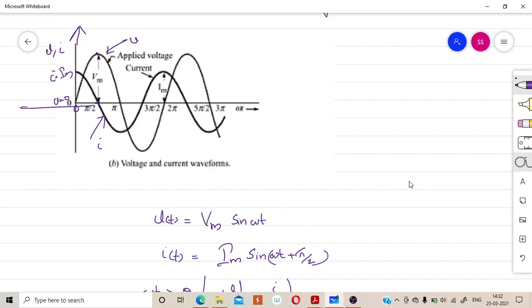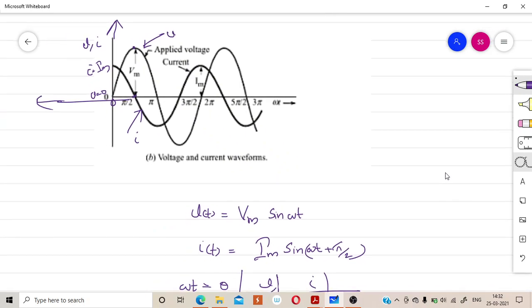Leading means that if you extend the x-axis to the minus x-axis, then what you can observe is that this current waveform I actually started from theta equal to minus pi by 2, that means pi by 2 radian earlier. So earlier means leading.